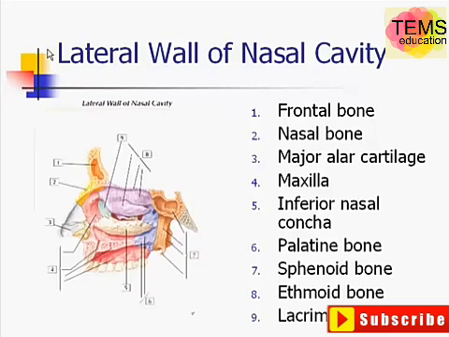When we look at the palatine bone, they're pointing to the perpendicular and horizontal plates. There are 2 plates. The sphenoid bone, pointing specifically to the sphenoid sinus, which is an air cavity. Again, we'll be talking about sinuses later on. Also the medial and lateral plates of the pterygoid process.